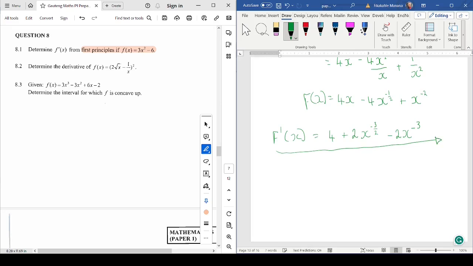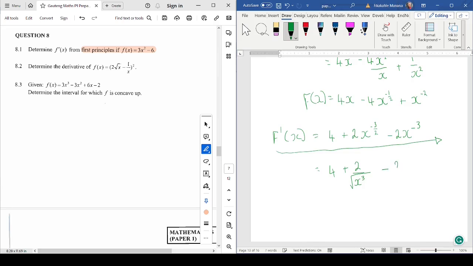Well, if you wanted to continue and make it fractions, you can say 4 plus 2, and instead of this minus, remember what a minus does, it takes it to the bottom so that it's positive. And because it's divided by 2, it means we have a square root, but we have a 3 there, so the 3 goes there.